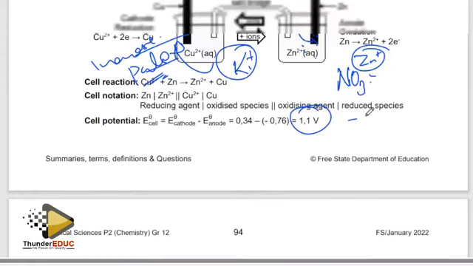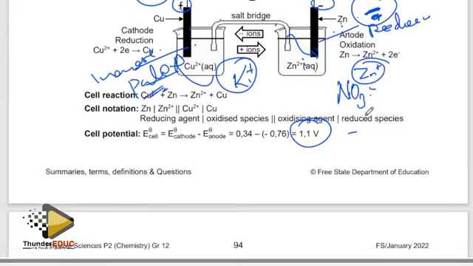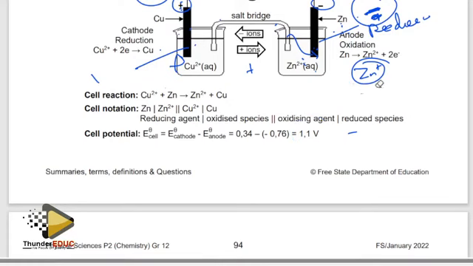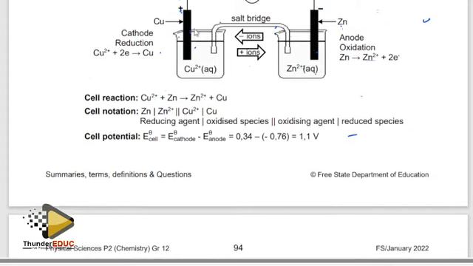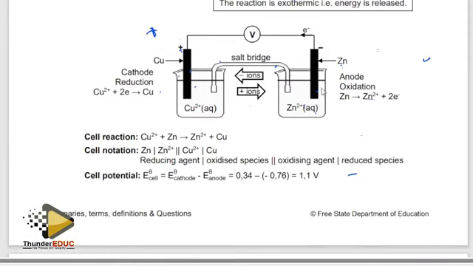So basically, that is it. Then you need to know the cell notation and the cell reaction. Half cell, yeah, you have to know all those things. If it is a gas, what am I supposed to do when it comes to that? So okay, now cell reaction, basically what happens, because here I have oxidation happening here, isn't it?